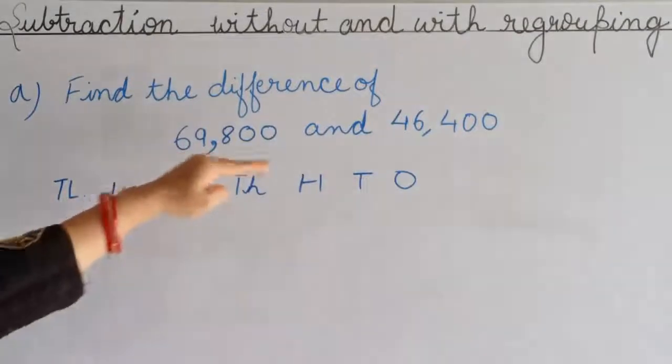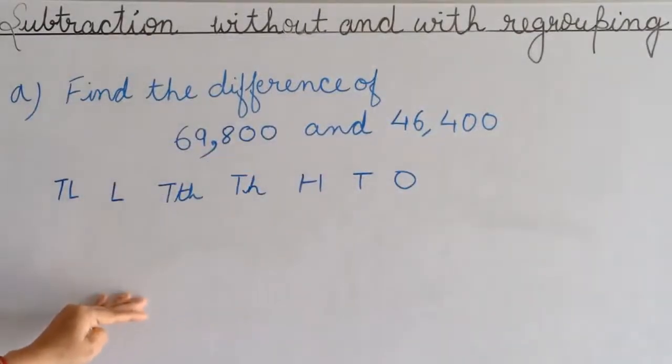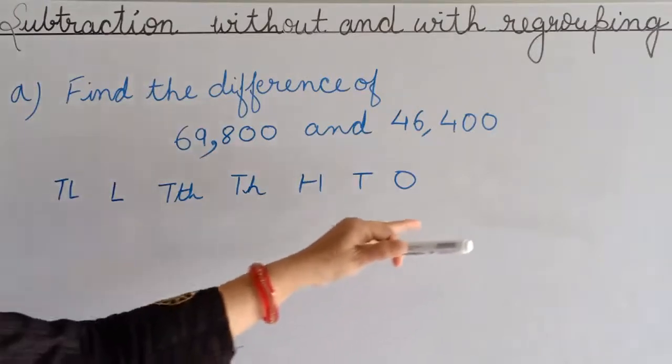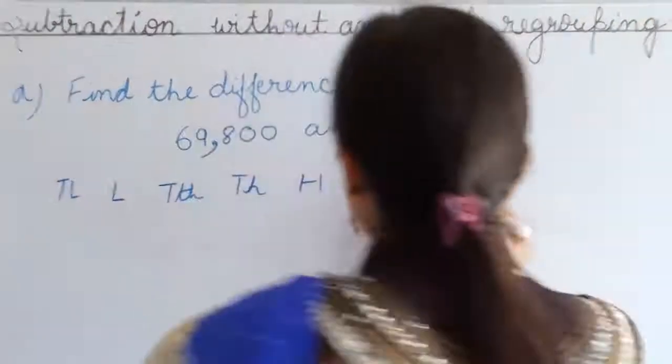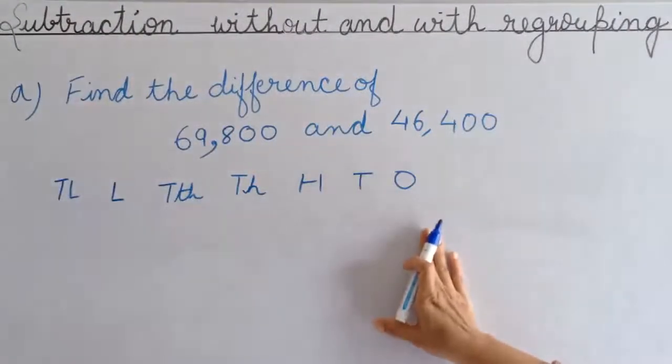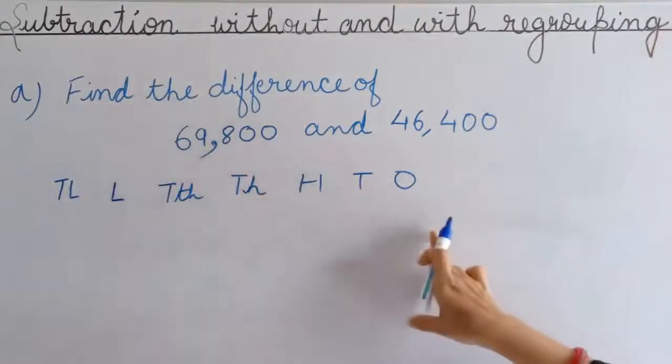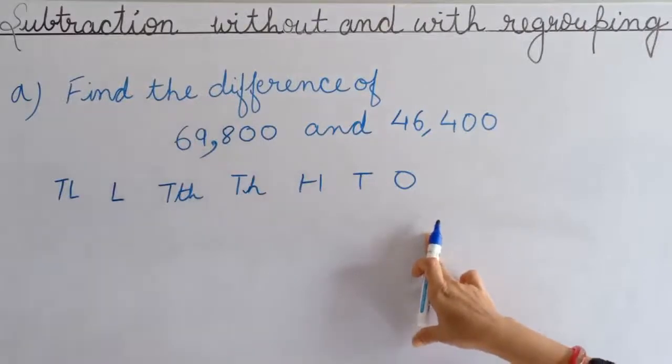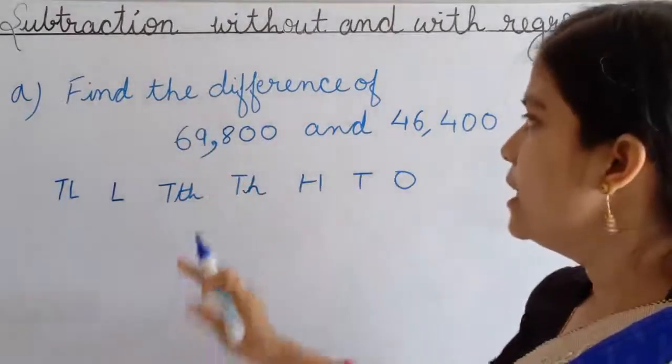We have to arrange this number in the place value table here. For easy purpose, we always start arranging the number from this right hand side. Otherwise, if you are smart, you can arrange directly also.